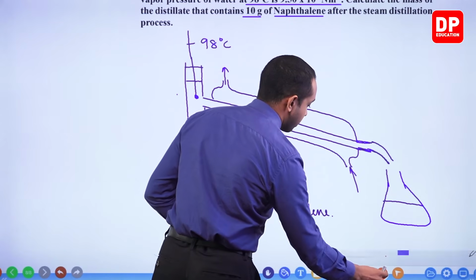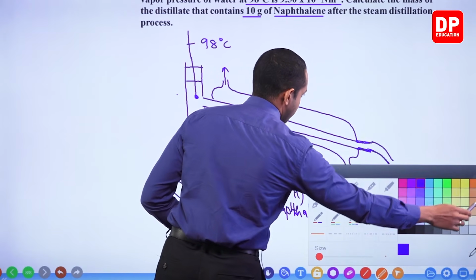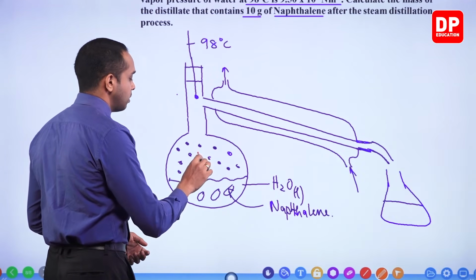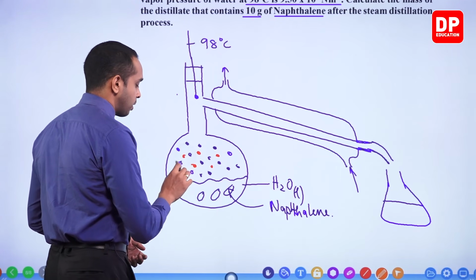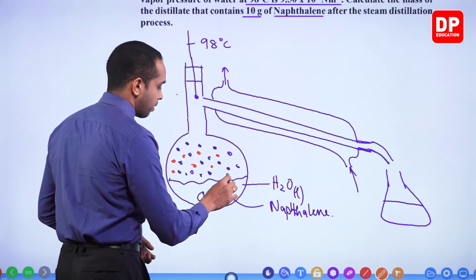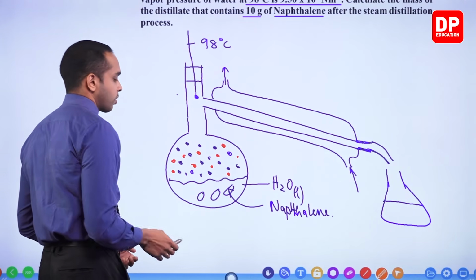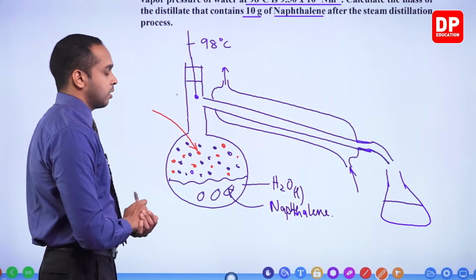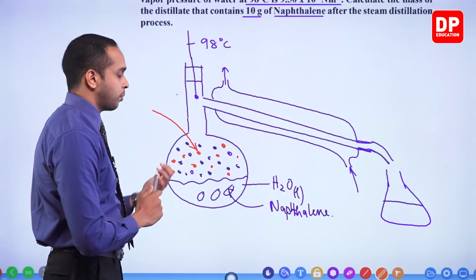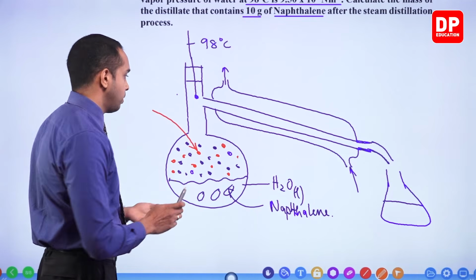Now when you are drawing a small sketch, you don't have to draw it exactly the way that I draw here. This is mainly to explain what is happening in this process. So we can see these red color molecules that I've drawn here represent the naphthalene vapor.